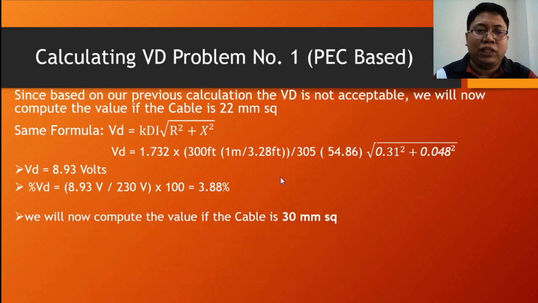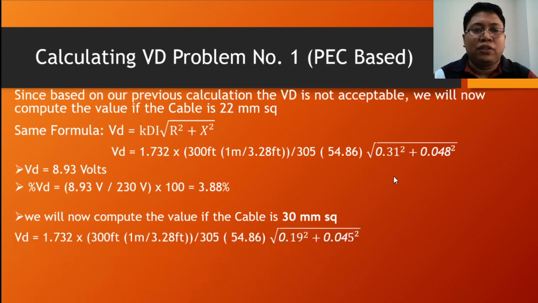So, let's compute for the cable na 30 mm squared naman. Same formula. Then the R and X will be, we need to obtain it from the table na kanina binabanggit ko. Okay, so ito na yan. 1.732 multiplied by 300 divided by 3.28 all over 305 multiplied by 54.86 multiplied by square root of 0.19 squared plus 0.045 squared.